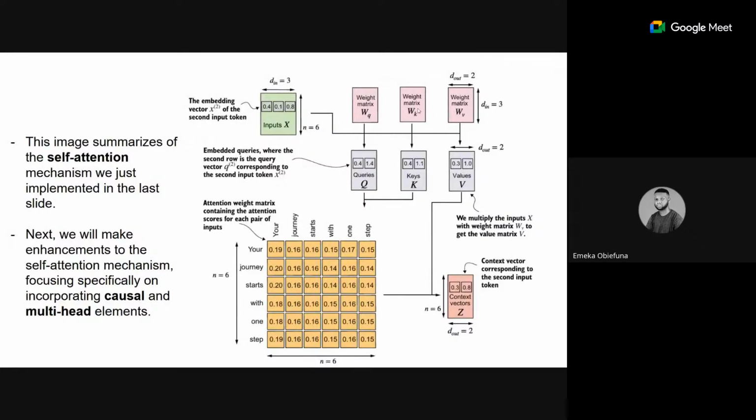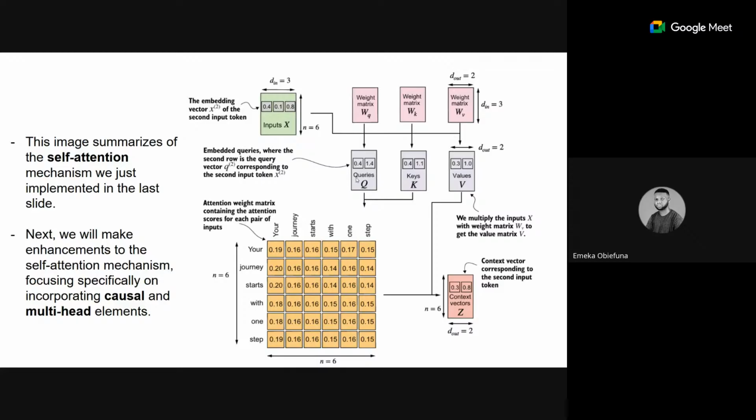Now, once you've created this, you are going to get your query vector, your key vector, and your value vector. And how do we do this? You are simply going to take this and multiply it with your x2, or with this vector that you are seeing here. Multiply this with this, it will give you this. Multiply this with this, it's going to give you this. Multiply this with this guy, it's going to give you this.